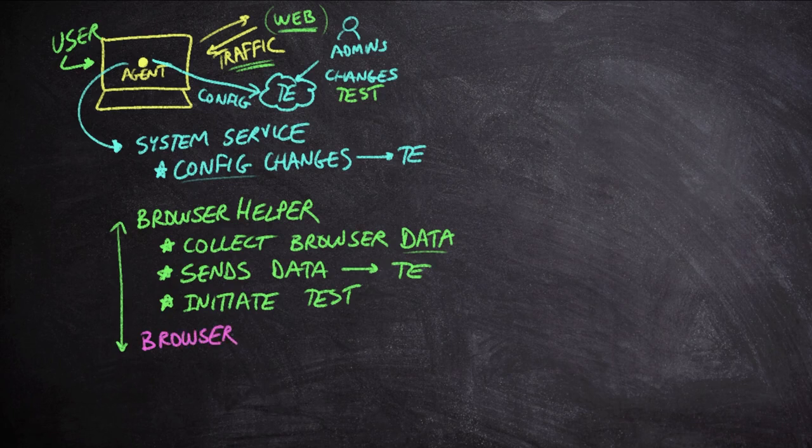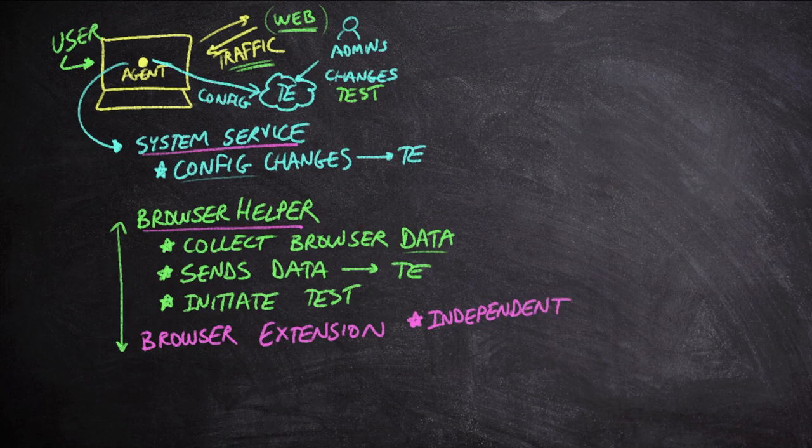So these two components, even though they are distinct from one another, are going to work together. Importantly, by the way, the browser helper is going to be part of the installation of the agent along with the system service, as well as the fourth component, the update service. But the browser extension is an independent installation with a slight caveat. But either way, we're going to find that we need to make sure that the browser extension is actually installed.